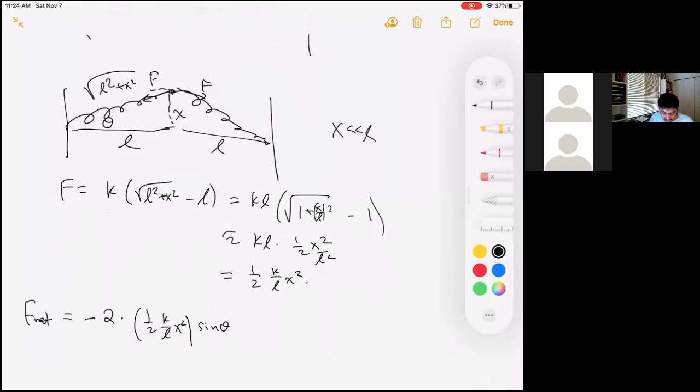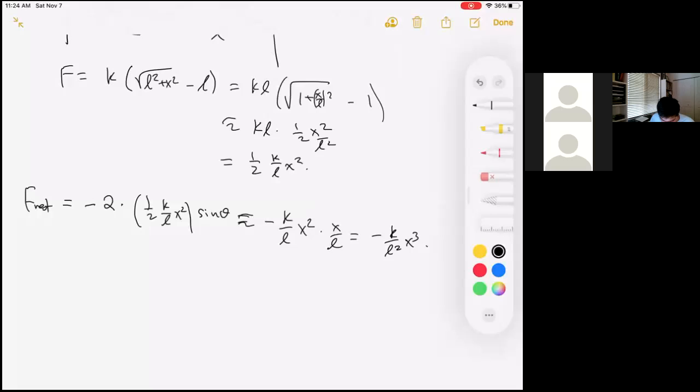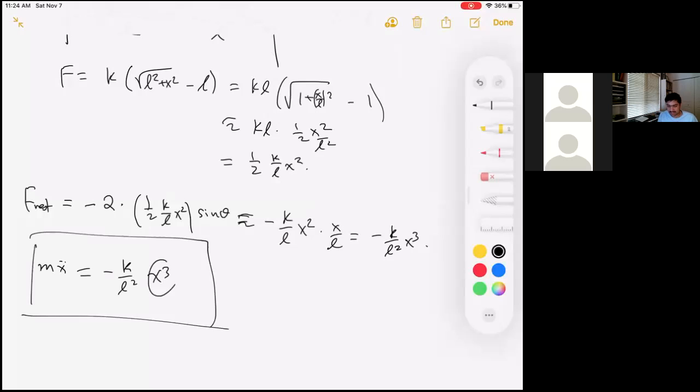And we can approximate sine theta as just tan theta, which is x over L. So we've actually got a problem where now m x double dot is equal to negative k over L squared times x cubed. So this is like simple harmonic oscillation, except we replaced x with x cubed. And the question now becomes to solve this case and figure out the period.